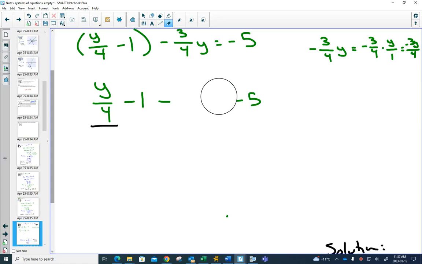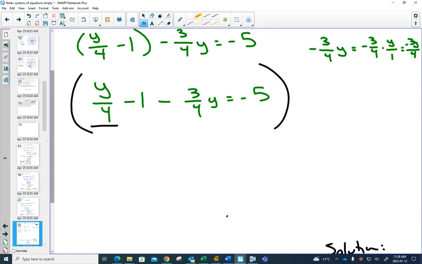Here we go. Lots of people like this option. They're like, ooh, I make lots of mistakes with fractions. And this has fractions. We're dividing things by 4. So what would happen if I got rid of that fraction?